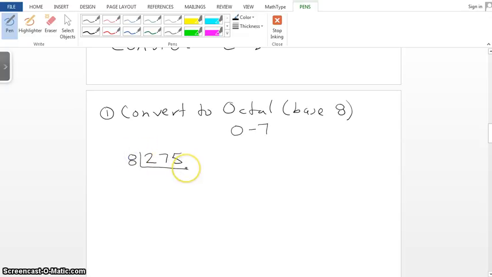Now I write it this way. You can write it going up that way and then read your answer off going down, but I like to divide going down this way, and then when I read my answers off, they're going to be going up. The way that we're going to get these numbers between 0 and 7 is all of the remainders that are left over when you divide out.